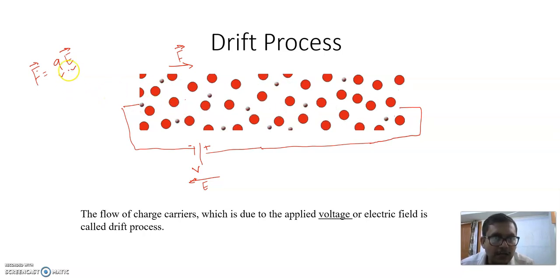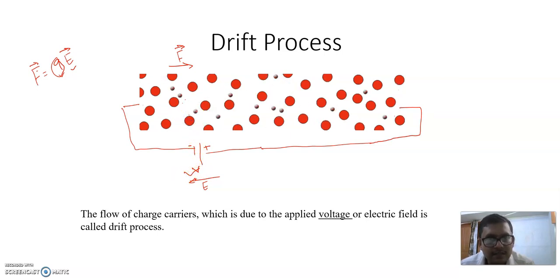Because charge of the electron is negative. That's why direction of the force on the electron is opposite to the direction of external electric field. That's why direction of the force is from left to right. So in this animation we can observe that electron is moving from left to right, and this is due to the applied external electric field.